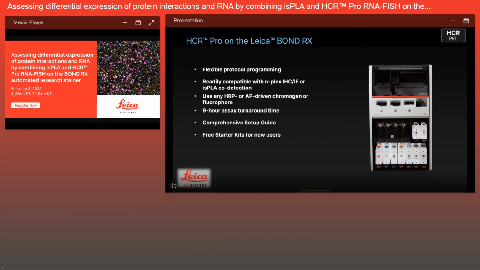You just have to swap out the chromogen or fluorophore for the one of your choice. You can get down to a 9-hour assay turnaround time with a full load of slides. We have comprehensive setup guides, so everything you need to know about running HCR on your BondRx. And we do have free starter kits for new users, which we'll get into a little bit later.